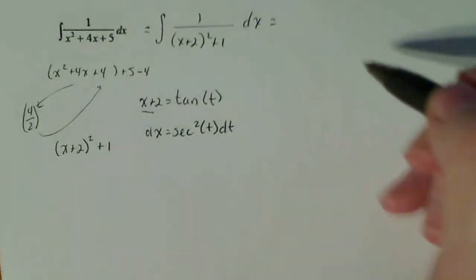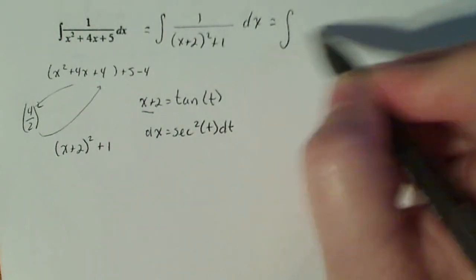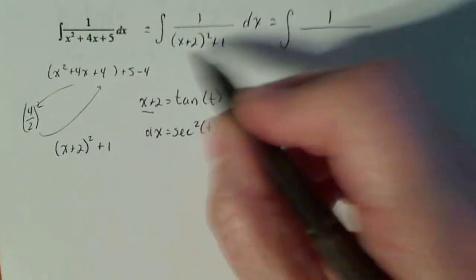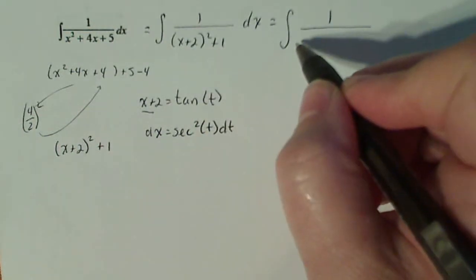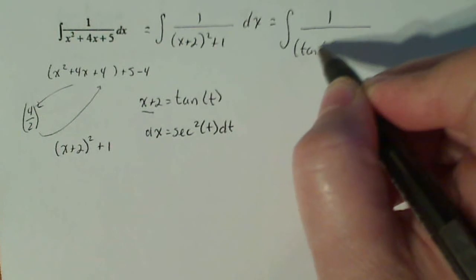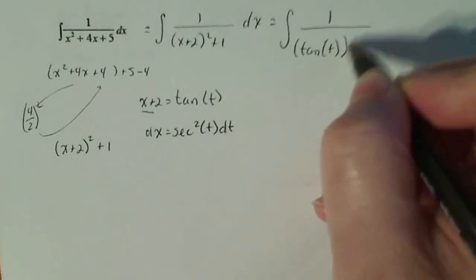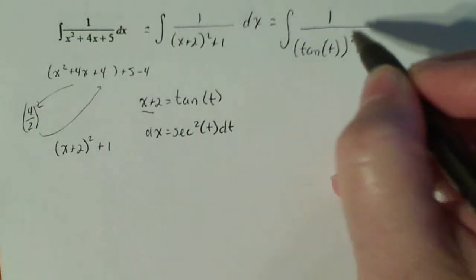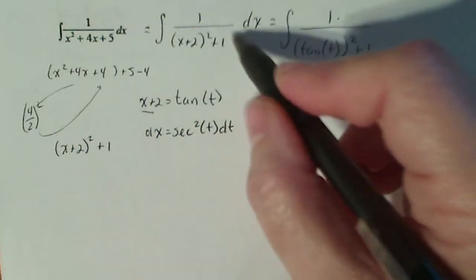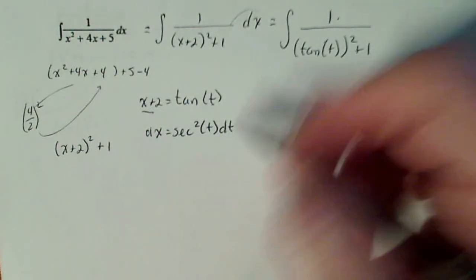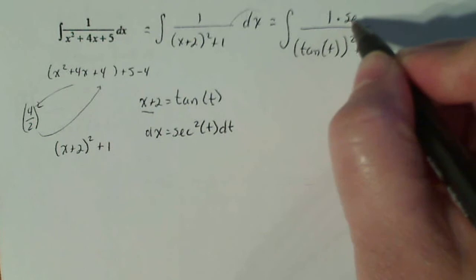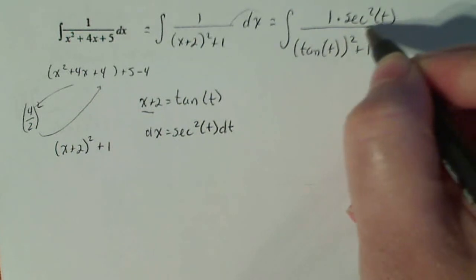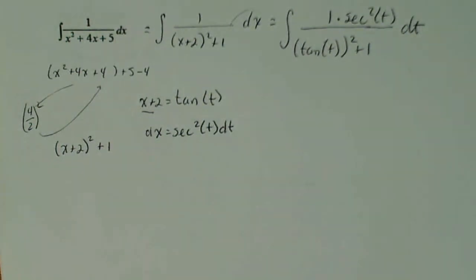Now doing the substitution, 1 over the whole quantity x plus 2 becomes tangent t plus 1. Dx becomes secant squared t dt. So secant squared t dt.